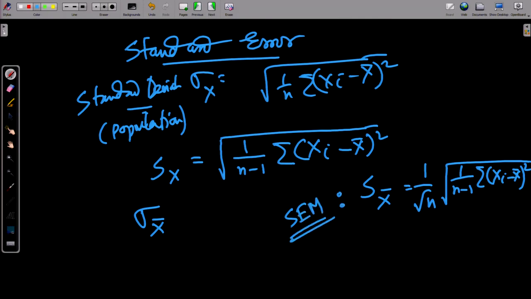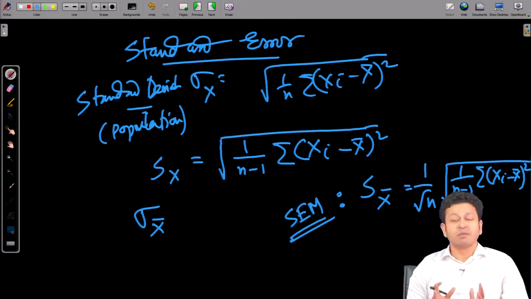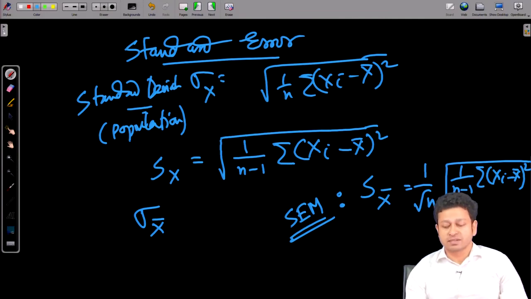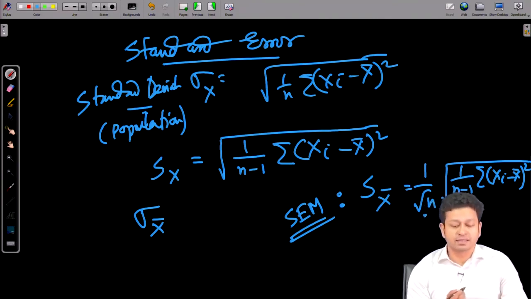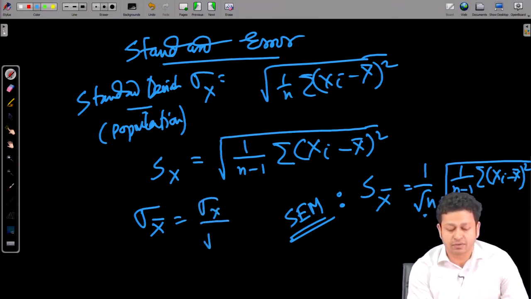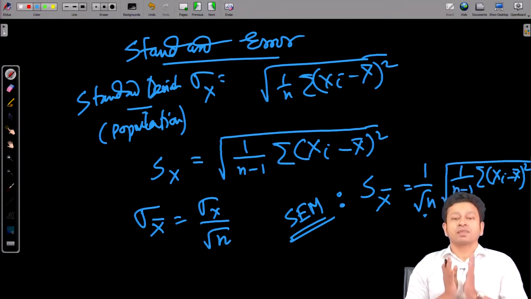So we are calculating the standard error for the mean, and that is what we are more interested in. When you are estimating from a sample, we simply divide by the square root of n, and similarly here, this is nothing but sigma x by square root of n. So we essentially divide by the square root of n to come to this approximation.